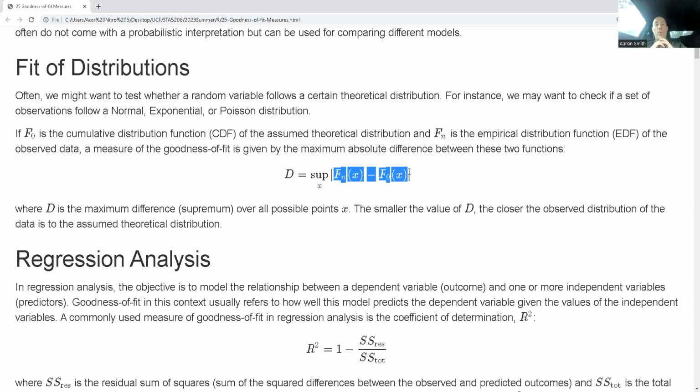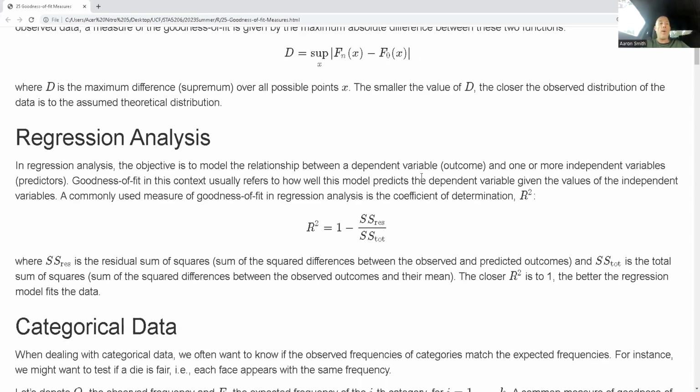There's a small difference between them, but the big idea here is I take the two cumulative distribution functions, one theoretical, one empirical, and I look at the biggest difference between them. So D is going to be the maximum difference, or the supremum, over all possible points of x. The smaller the value of D, the closer the observed distribution is to our assumed theoretical distribution.